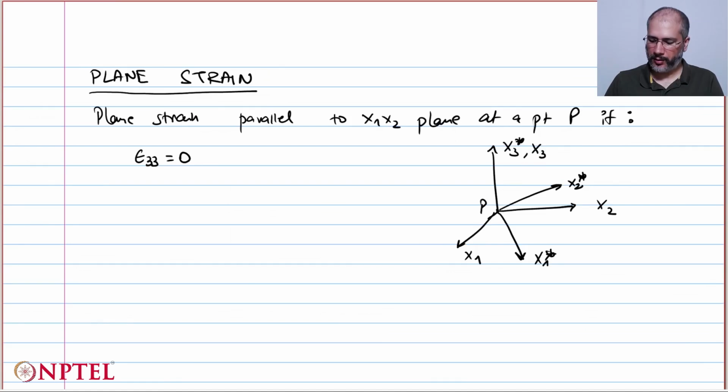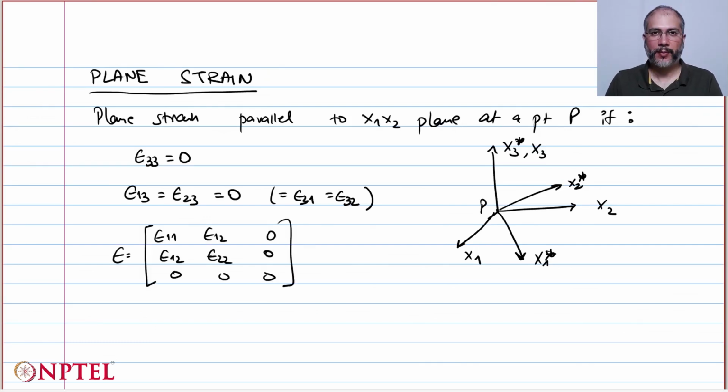If I'm writing the strain tensor in the x1 x2 x3 plane, then epsilon 33 will be 0, and also epsilon 13 and epsilon 23 will be zeros. This also means that epsilon 31 and epsilon 32 are 0 from the symmetry of epsilon. This is something we already know because on a principal plane there is no shearing. This can be shown mathematically very easily. So the form of epsilon that we have looks like this.